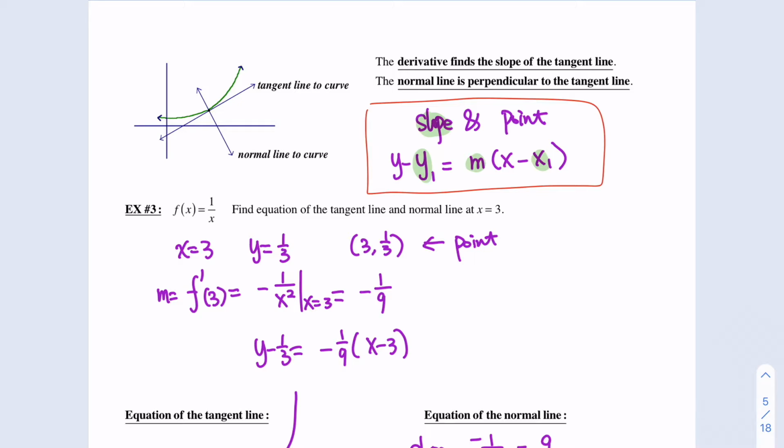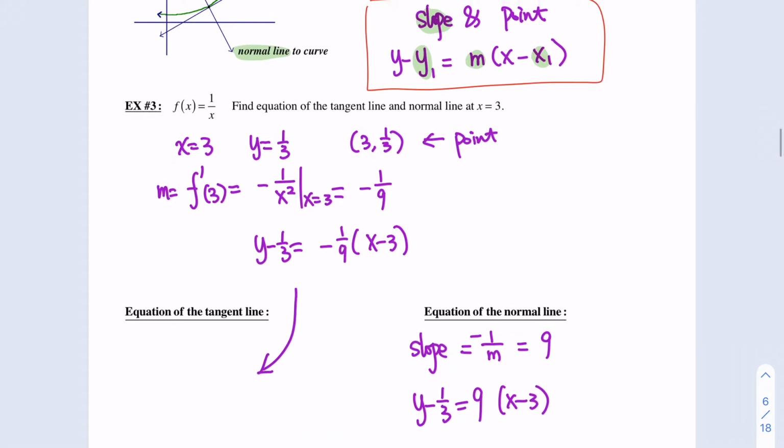So there are two lines, tangent line and normal line. The relation between their slopes is negative reciprocal. So for example 3, given f(x), how to find the tangent line and normal line at x equals 3? First, you find the point. You plug x equals 3 in, find the y value. So this is our point.